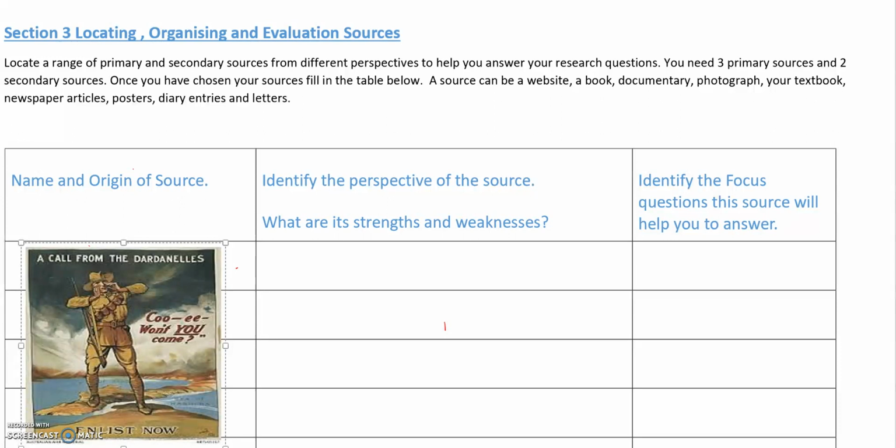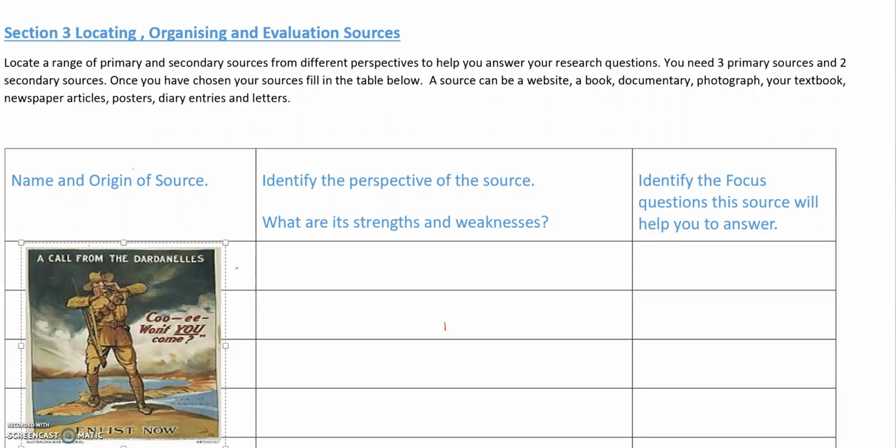You're not really going to be able to look at a whole text, so it's just taking those bits and snipping them out. It can be newspaper articles, political cartoons, posters, diary entries and letters. And I have decided to look at a poster just as an example for you.